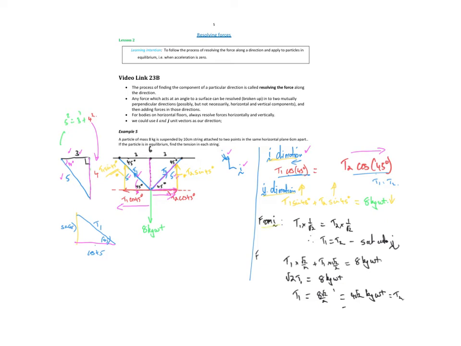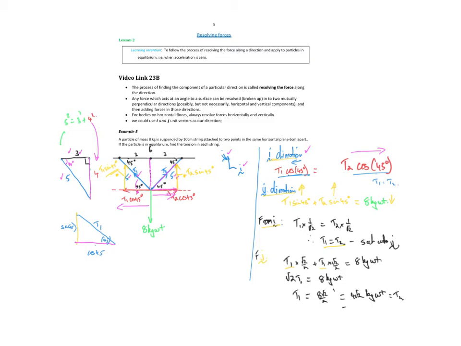Now, from the i component, as I said earlier, I know that T1 is equal to T2. So in the j direction equation, I've got two unknowns, T1 and T2, but they happen to be equal to each other in this case. So if I substitute T1 in for T2, sine of 45 is root 2 on 2.